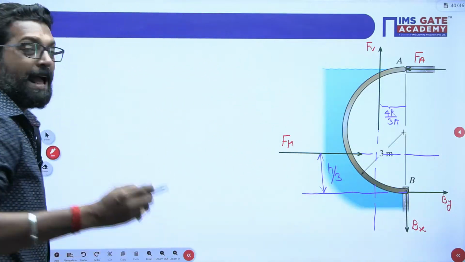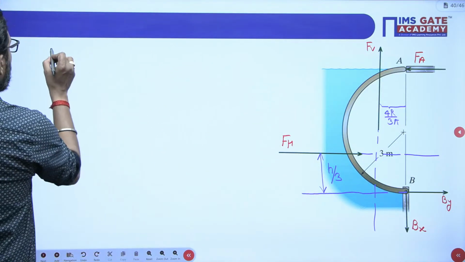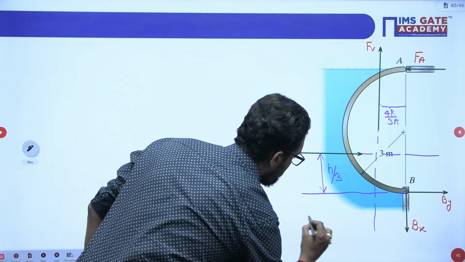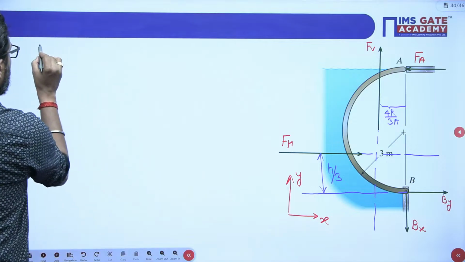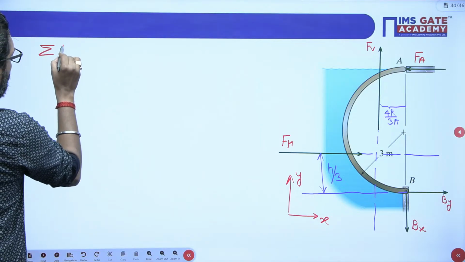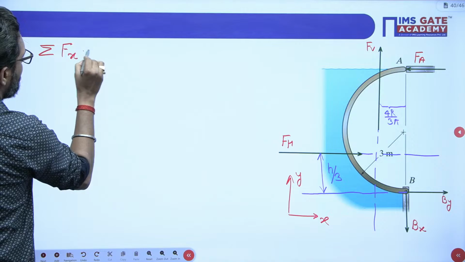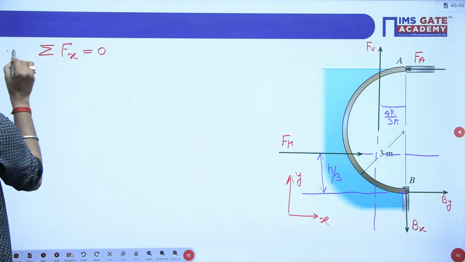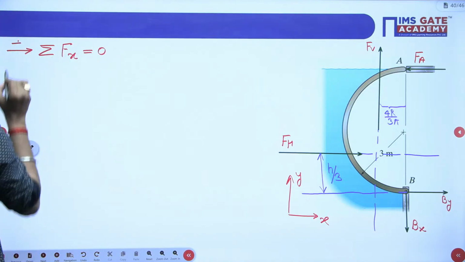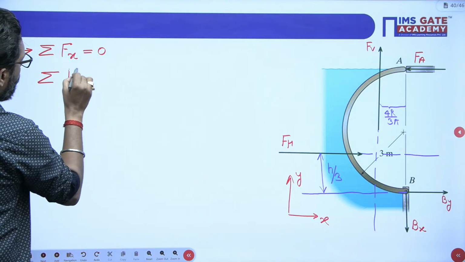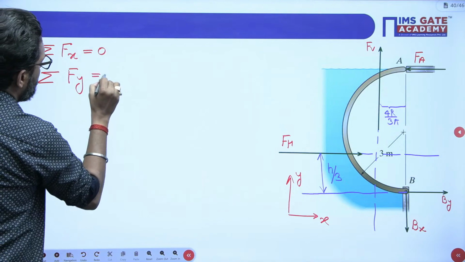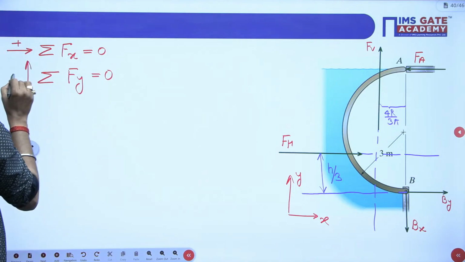Now we have to apply the static equilibrium conditions. Let's suppose this is your x-axis, this is your y-axis. Summation of all the forces in the x direction is equal to 0, taking the x direction as positive. That is the first equation. Second, summation of all the forces in the y direction is 0, taking upward as positive.